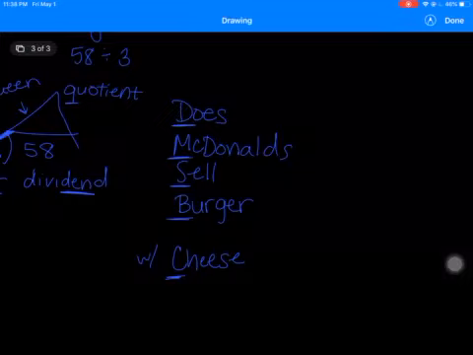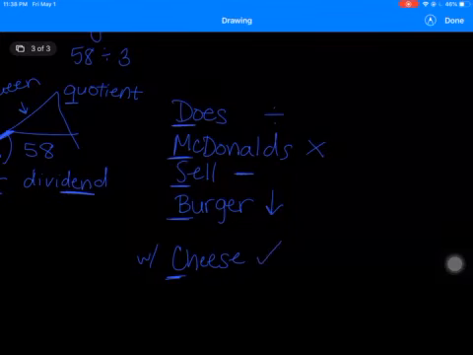So the D stands for divide. I'll just represent that with the division symbol. McDonald's, the M stands for multiply. I'm going to represent that with the X for multiplication. The S stands for subtract. The B stands for bring down, and the C stands for check.